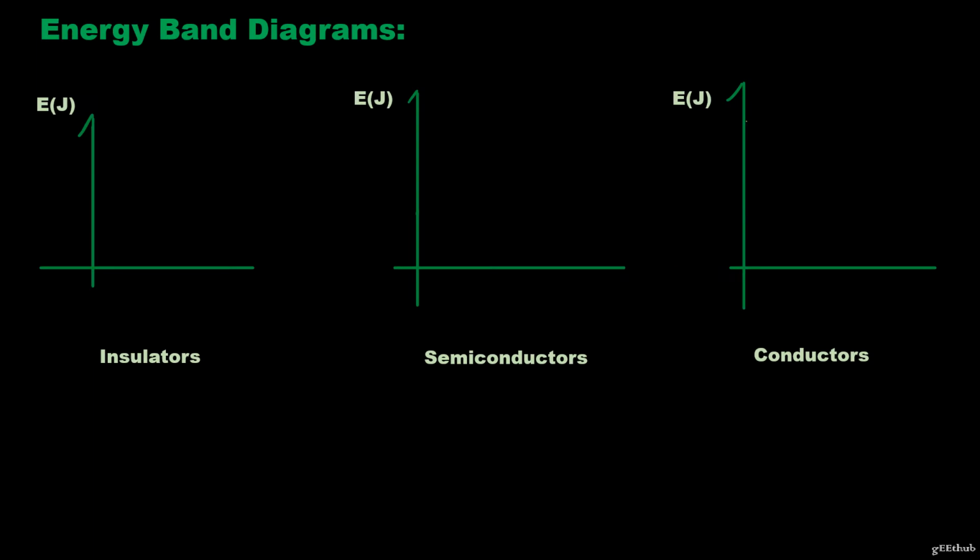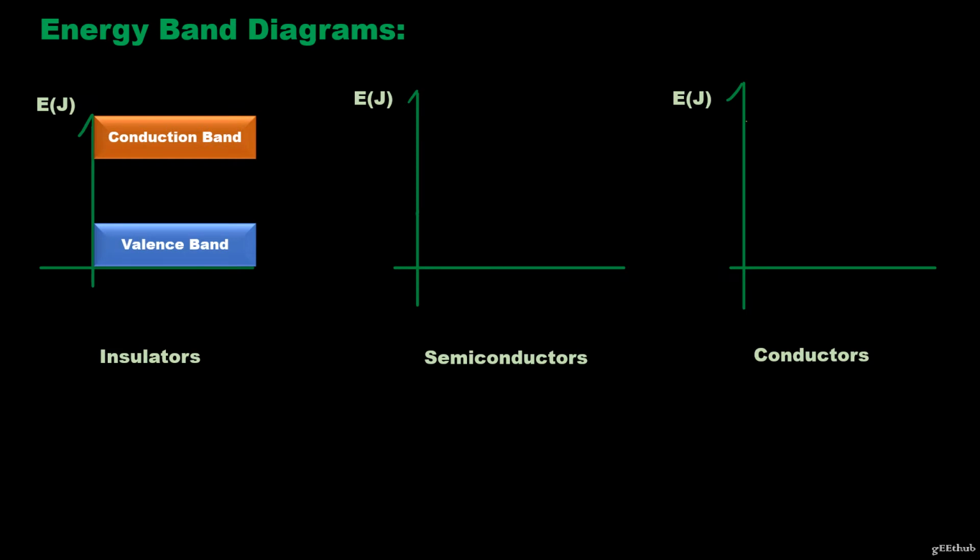Let's now compare the energy band diagrams of insulators, semiconductors, and conductors. So we know that insulators are not a good source of conduction, and their energy band diagram looks something like this, where there is a large gap between the energy level of conduction band and valence band. Large gap.